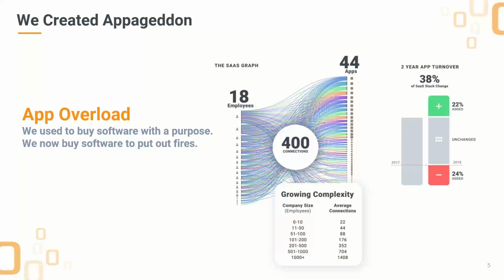Some of them talk to the ERP, some of them even talk to each other, but we've still built this fragmented ecosystem. What this has created, and you can see in this slide here, is if we have 18 employees in a particular construction company, and we had 44 apps between Teams and Outlook and Power BI and HH2 and other time solution, HR solution, purchasing, whatever that might be, across that we've got 400 connections, 400 usernames and passwords, and we have to manage all of this.